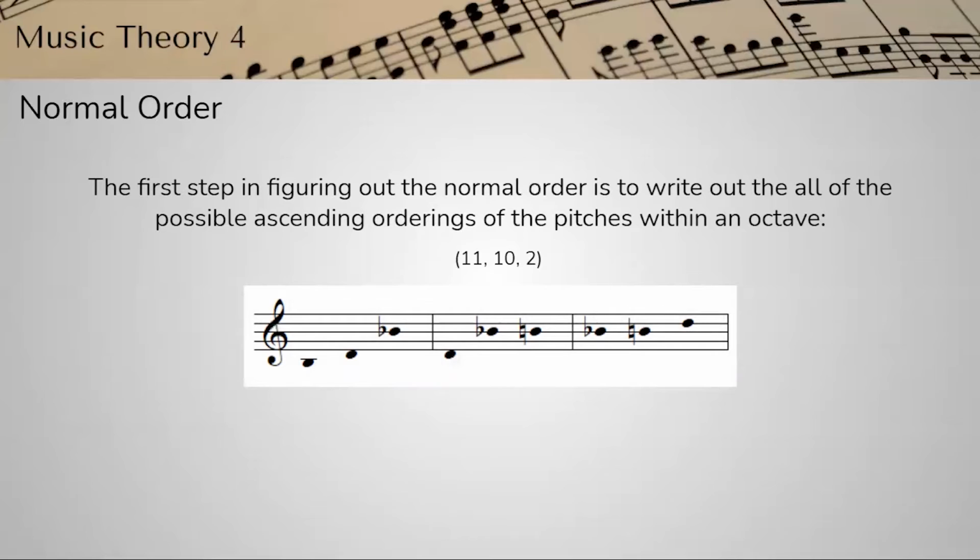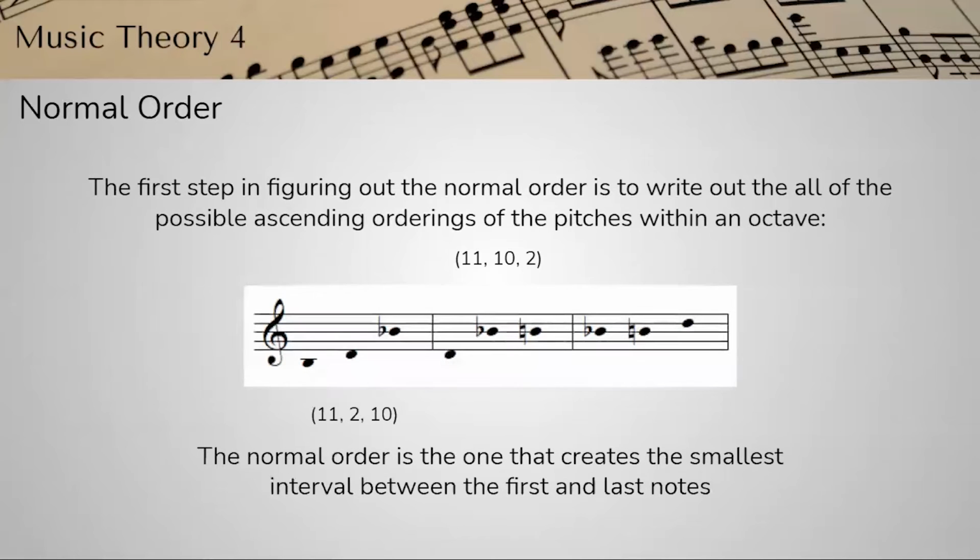So there are 3 pitches in this set, so there are only 3 ways we can do this. And they're going to be, okay, we'll start on each note, put everything within an octave. So if we start on 11, on the B, we get our first set there, right? Which is the 11 to 10.